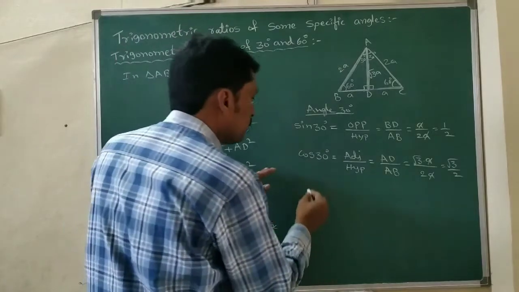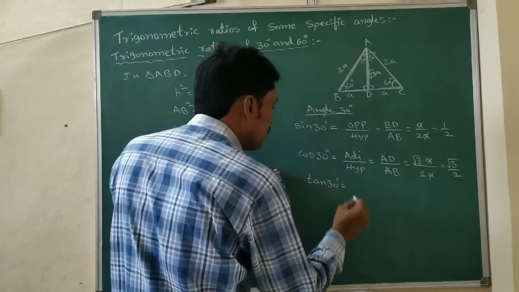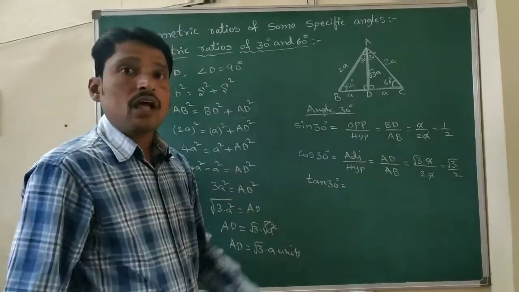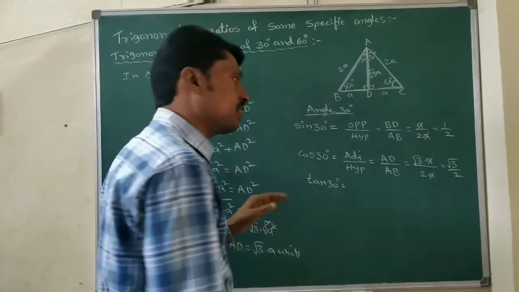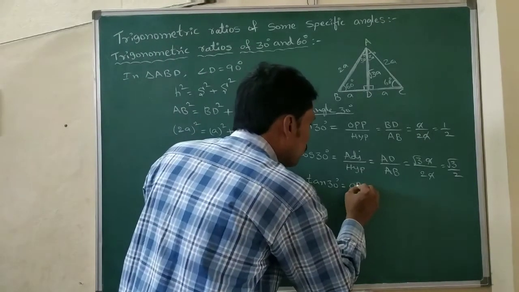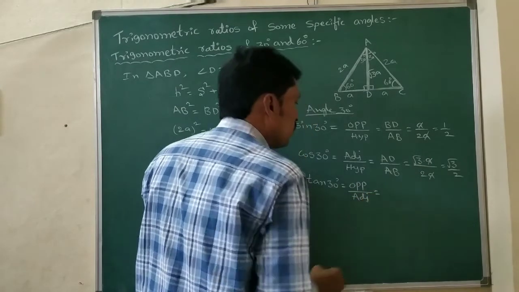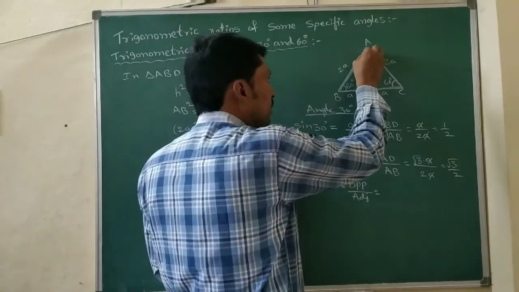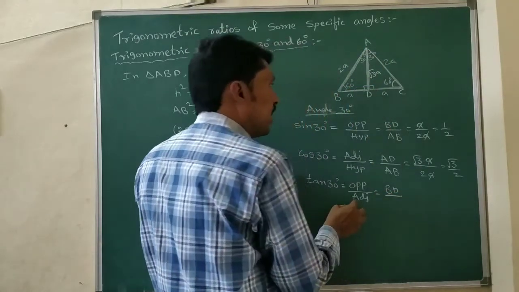Now next, tan 30 degrees. What is tan? Opposite side to angle 30 by adjacent side to angle 30. Opposite by adjacent: the side opposite 30 degrees is BD by the adjacent side.